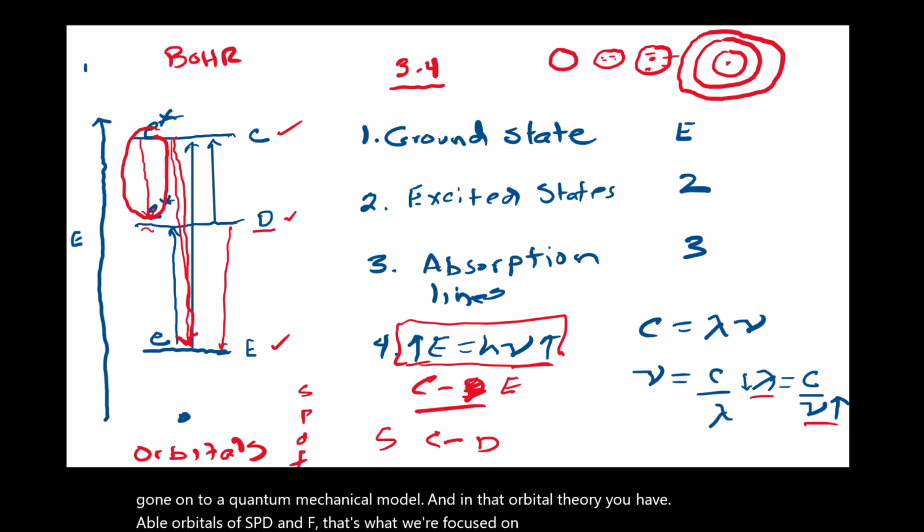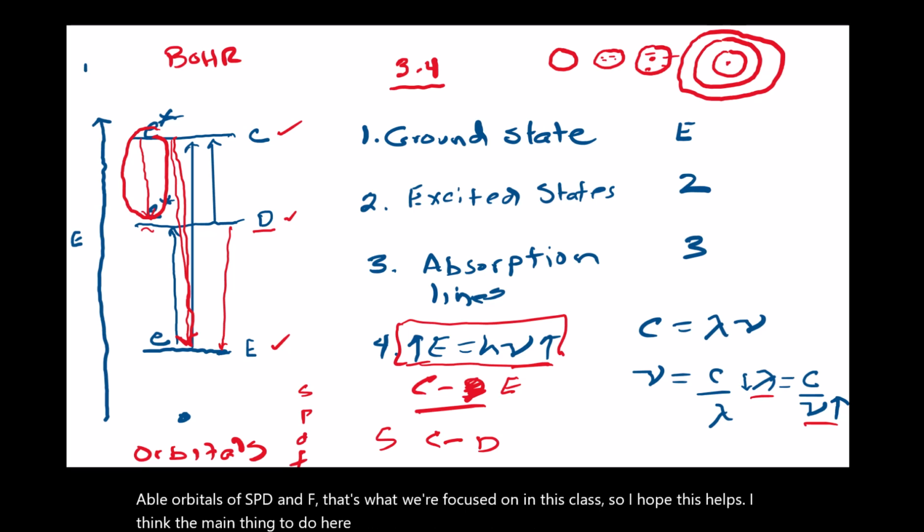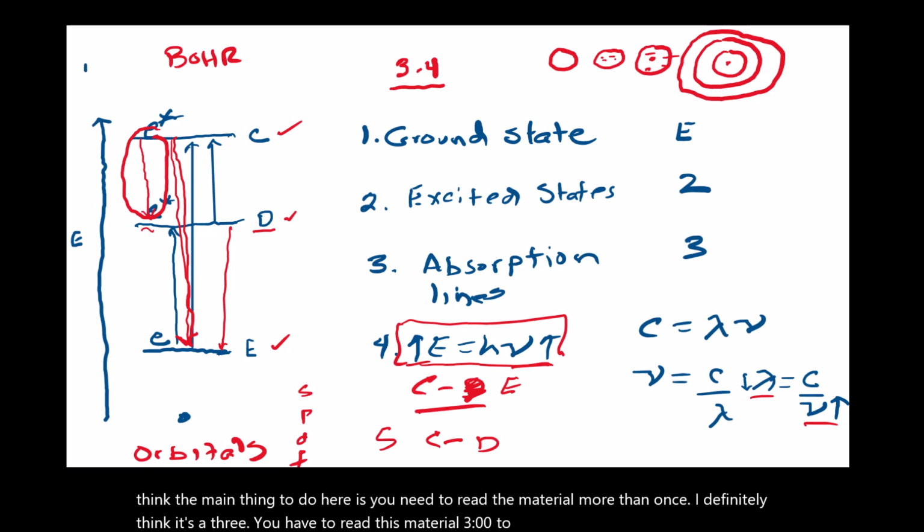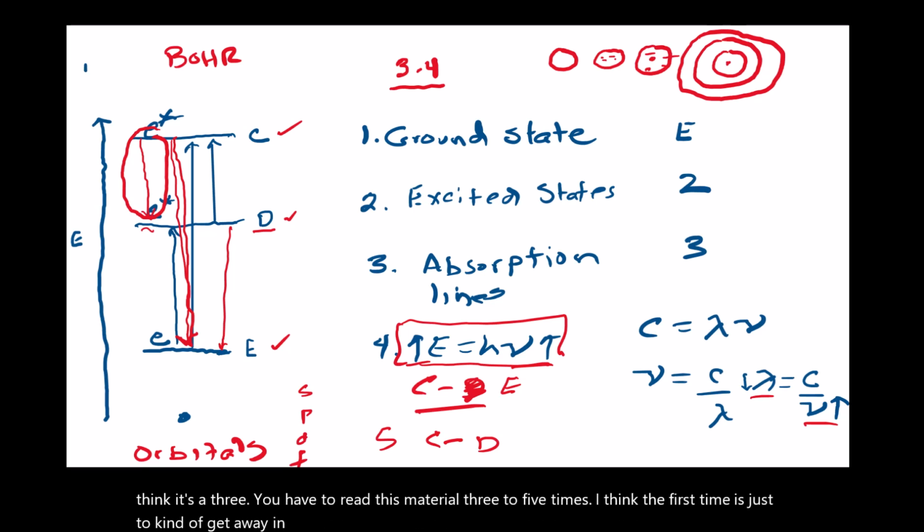So I hope this helps. I think the main thing to do here is you need to read the material more than once. I definitely think you have to read this material 3 to 5 times. The first time is just to get the lay of the land, and then each time you read it, you build a little more of what we've talked about, which leads you to the quantum mechanical model and orbitals.